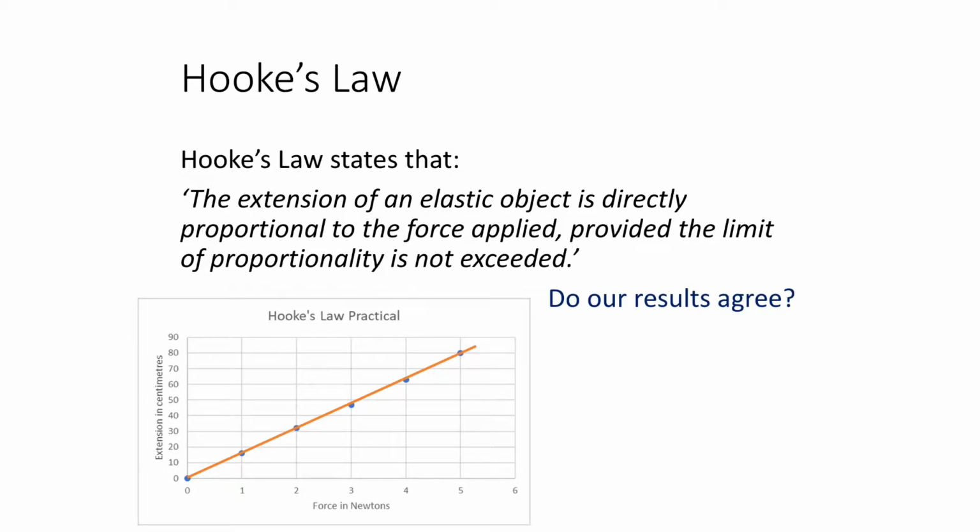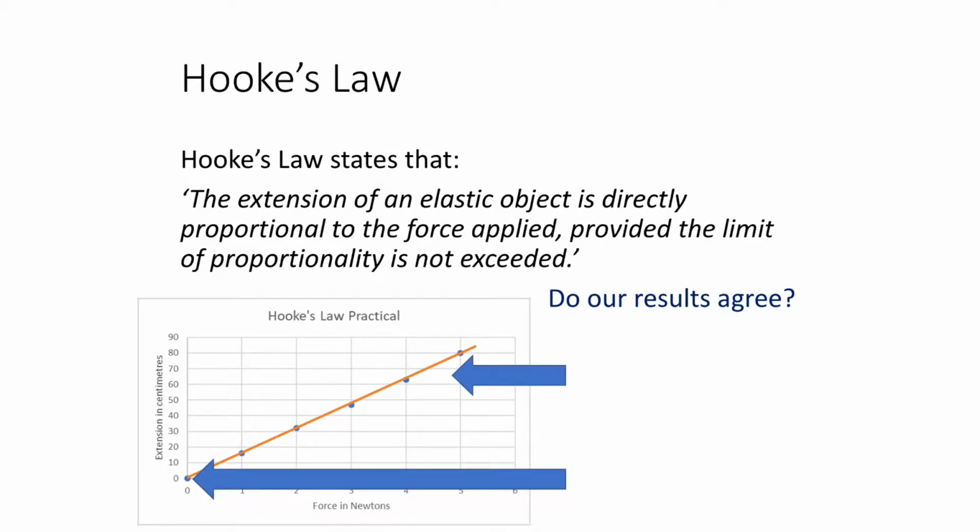So do our results agree? Yes. So that's because we have a straight line through the origin. So that shows us that it's directly proportional and it's a straight line, so that means that the limit of proportionality has not been exceeded.